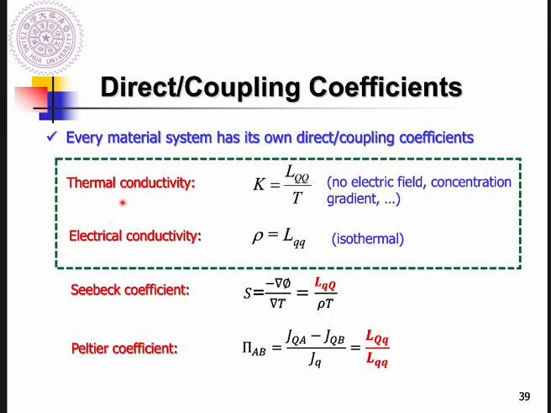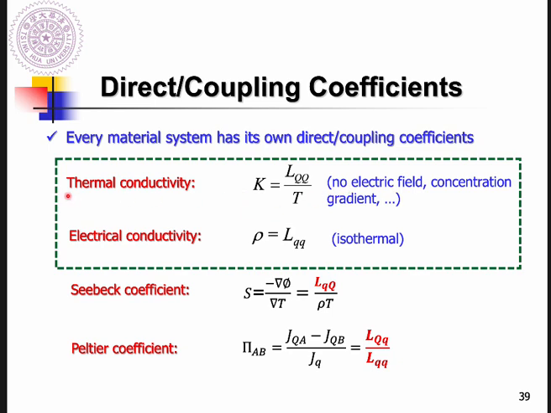And after a series of derivations, we find that L capital Q, which is kappa T, is proportional to thermal conductivity, and L small q, which is the direct coefficient, equals electrical conductivity. But we also highlight under what kind of conditions we can measure it correctly.